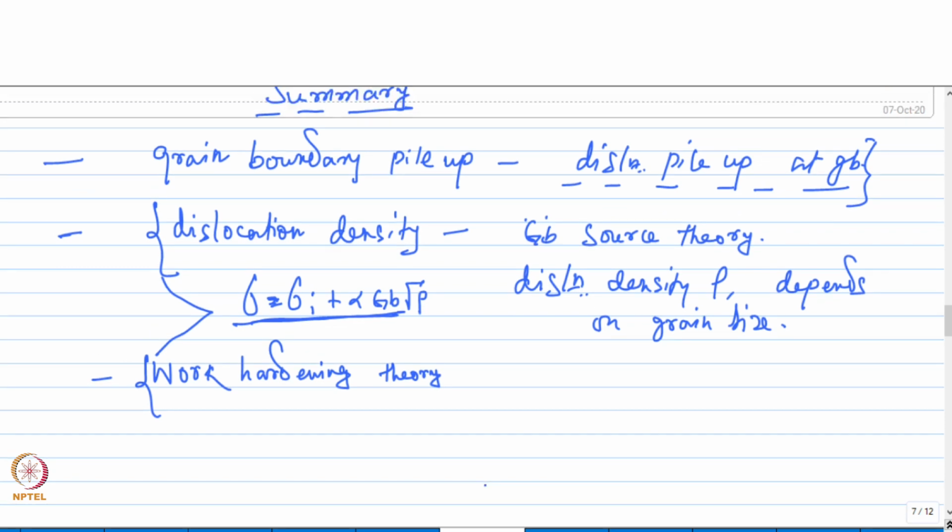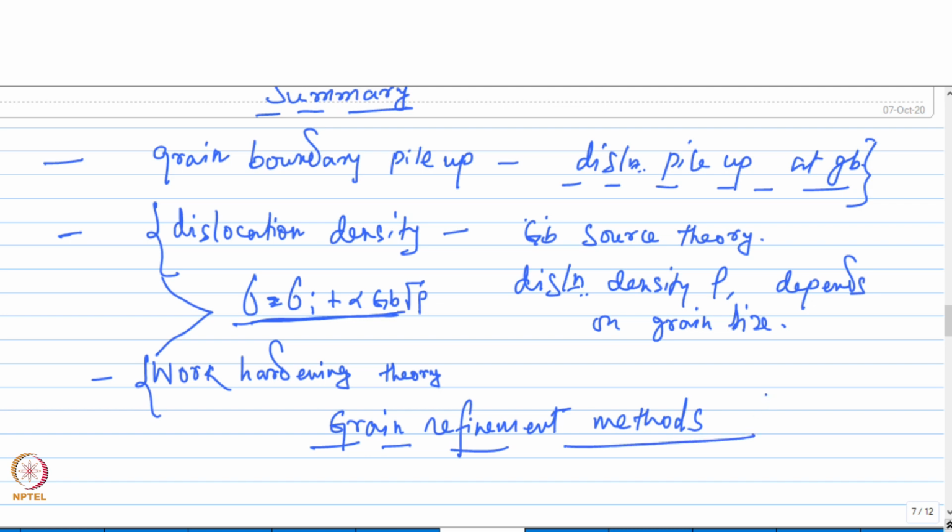So from now on, we are going to talk about the methods of grain refinement, as to how you refine the grain size of a particular material. So this will be our next topic of discussion.